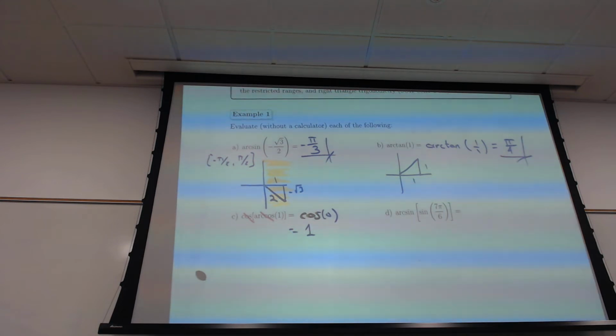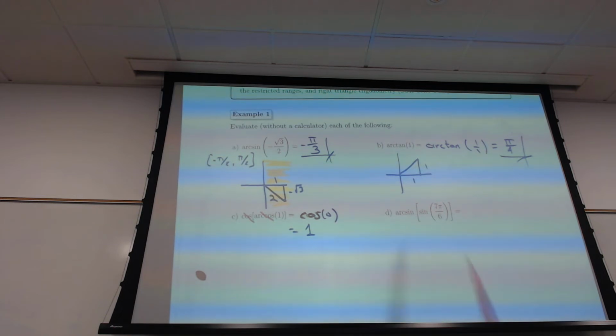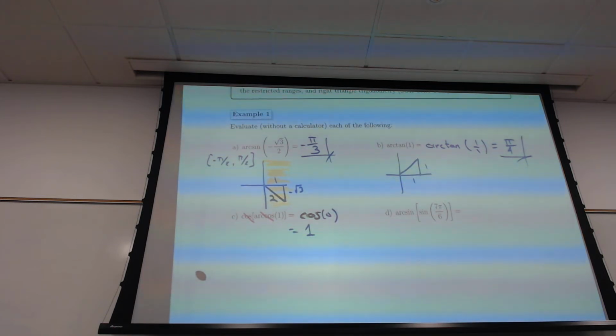Number one, let's compute this quantity from the inside out, so let's do the innermost first. What is sine of 7 pi over 6?